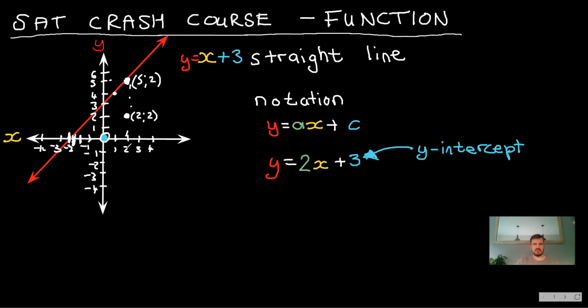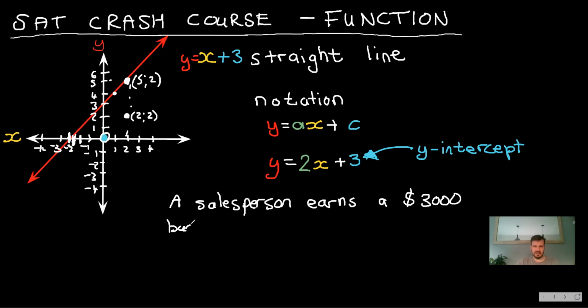So what they do in the SATs is they ask you to interpret graphs like this by saying something like, a salesperson earns a basic $3,000 and $200 for every unit he sells.